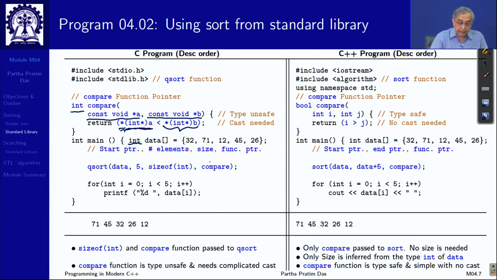Using that, we now pass that function pointer, and as you know, for a function pointer it is not necessary to take the address. So, I can just write the function name. Alternately, I could have written ampersand compare also, both of them would be correct. So, now Quicksort knows the array, the number of elements, the size of every element to stride, and the comparison function, and with that Quicksort will be able to sort this.